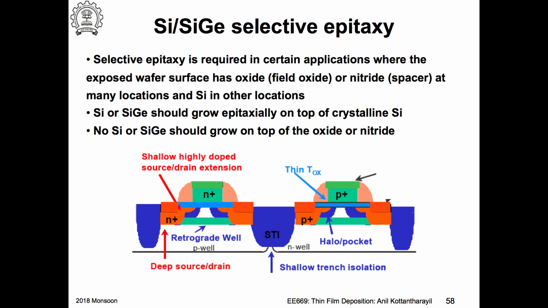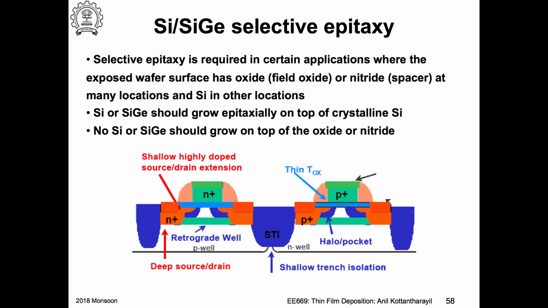You can use silane, but I also mentioned chlorosilane, right? Does that give you some hint? Anything else that I can use? Yeah, so you can use HCl, not the acid that is in our stomach.